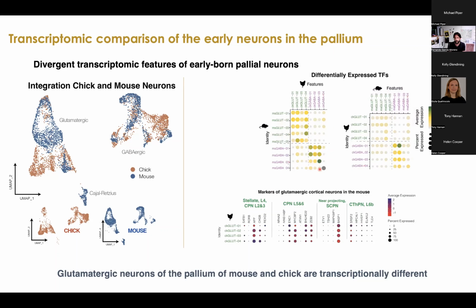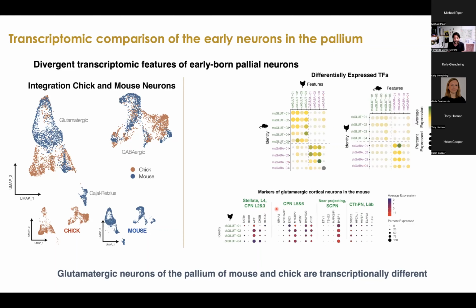If these cells are not that similar, we also wanted to know to what type of cortical cell they are more similar. So we compared, finally, this glutamatergic cluster coming from the early pallium of the chick to all the different transcription factor sets that are known to be expressed by different types of neurons in the cortex. The names of the genes come from Paola Arlotta's lab, who has researched this thoroughly.